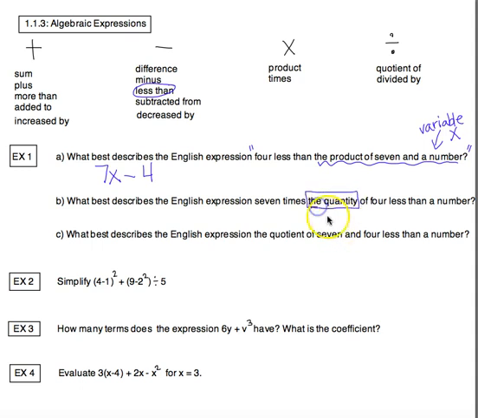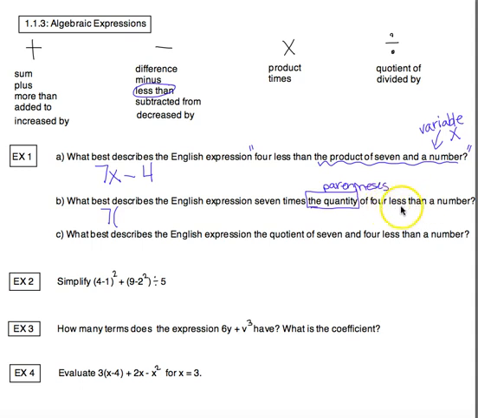Whenever we see the quantity, this tells you to use parentheses. And anytime you're dealing with multiplication, it's going to say the quantity if you want parentheses. So in this case, we're doing 7 times, and when it says the quantity, that means parentheses, 4 less than.